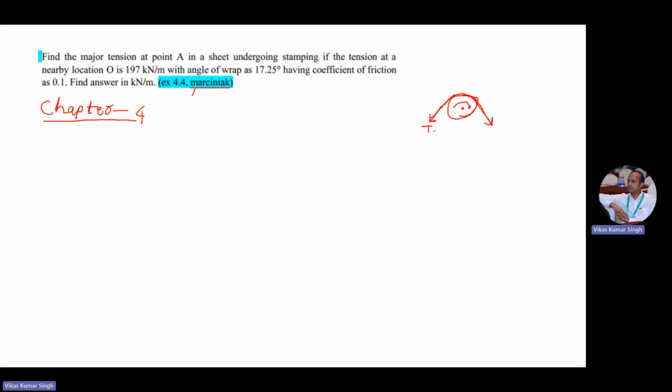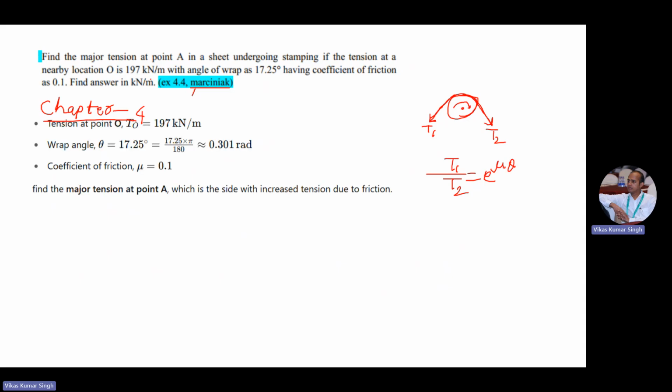Suppose this is T1 and this is T2. You have already derived that T1 by T2 is e to the power mu theta, where mu was the coefficient of friction and theta was the angle of wrap. In sheet metal forming also, the same kind of derivation is there. So please follow that derivation.